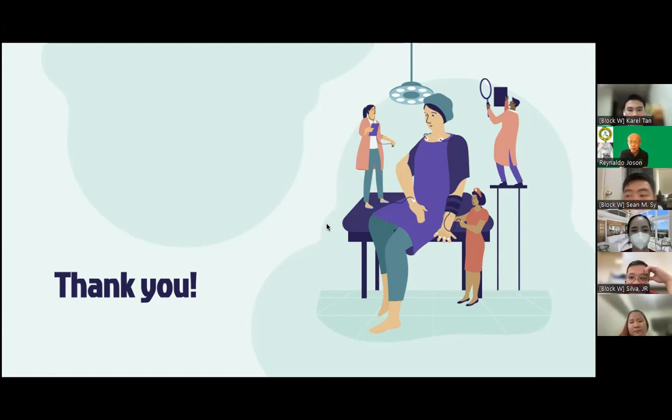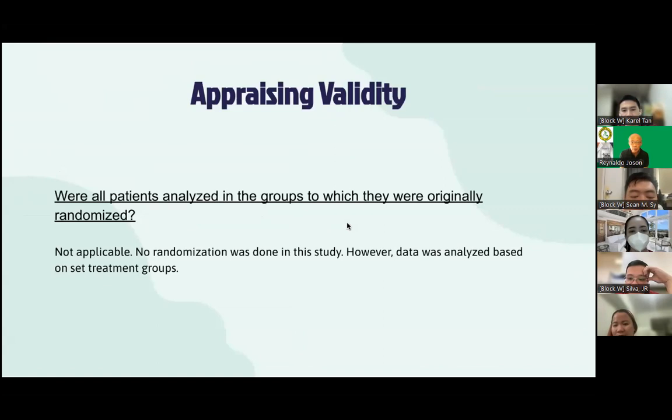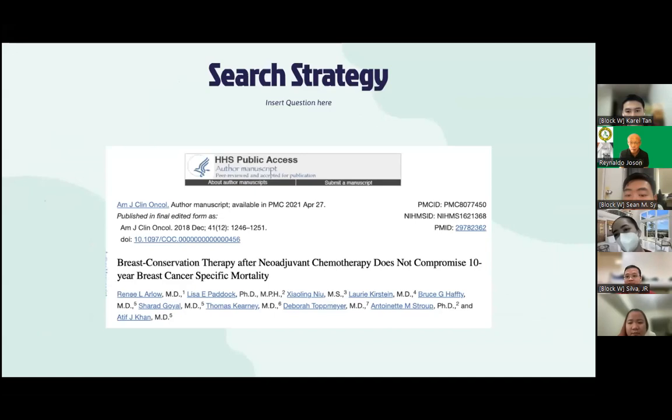So I'd like to congratulate you for appraising it using the standard processes. So the clinical question is really, can you do breast conservation after a neoadjuvant therapy versus a modified radical mastectomy without radiation?